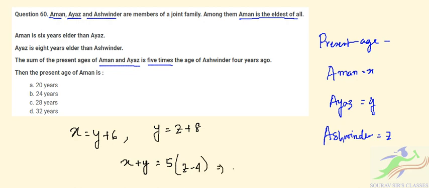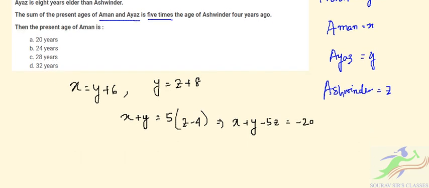From here we can solve this. X plus Y minus 5Z equals minus 20. X is Y plus 6, so Y plus 6 is Z plus 14. So Z plus 14 plus Z plus 8 minus 5Z equals minus 20.